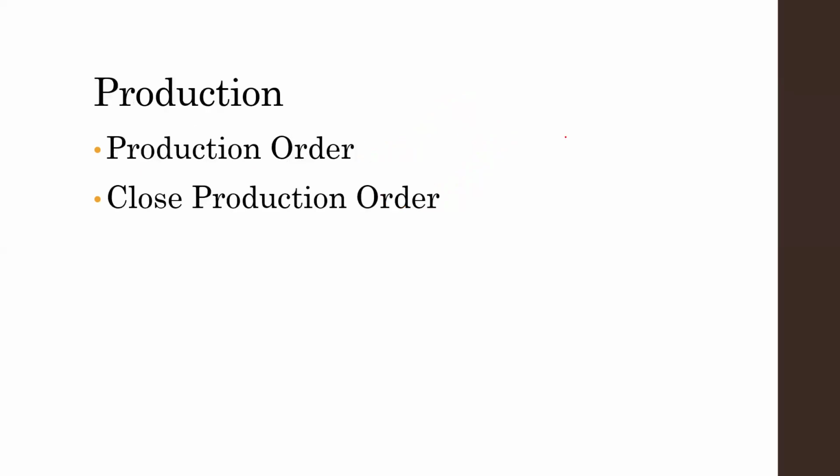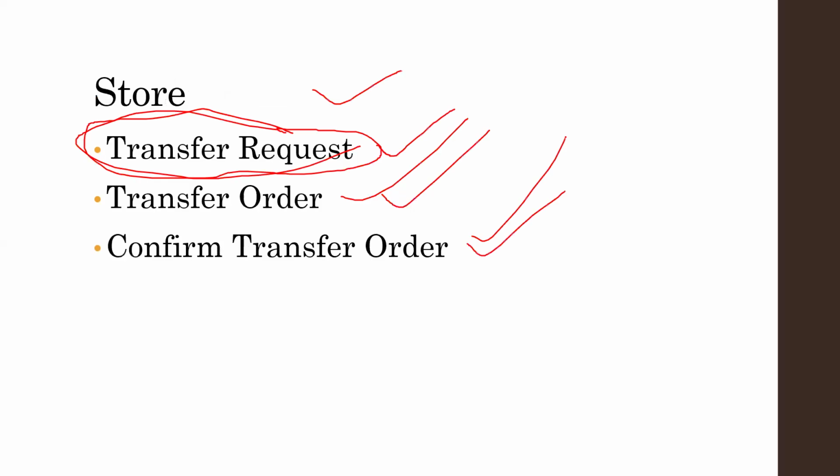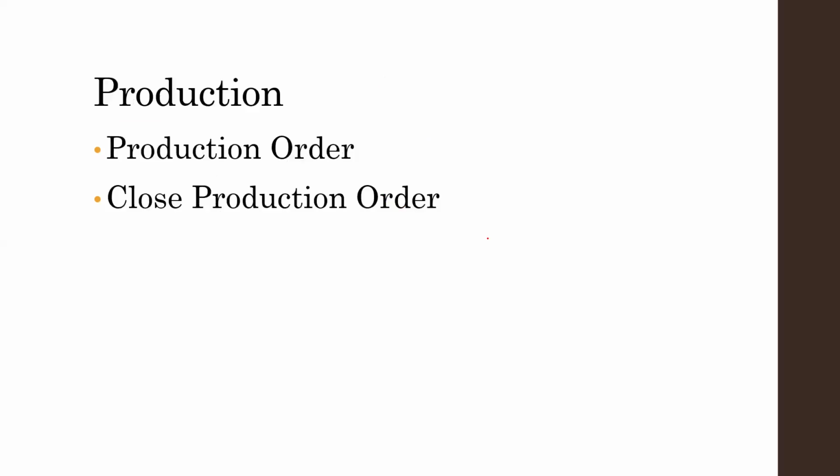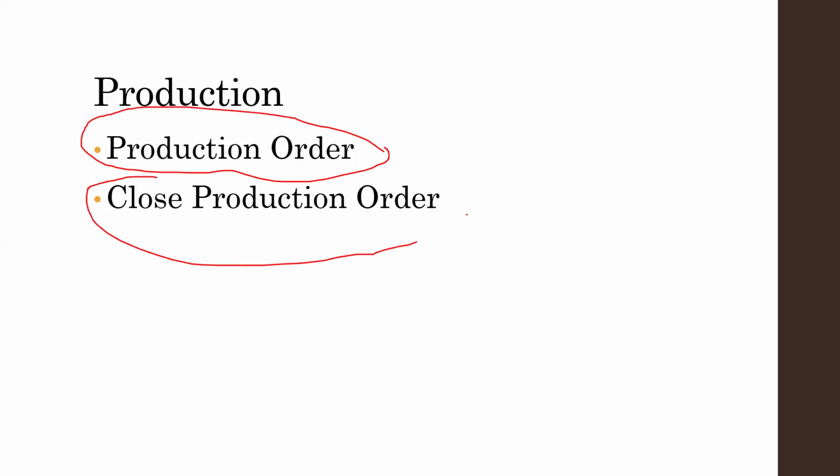Production order. They take the raw material from the final destination bin. They create the production order, send the raw material to the production assembly, bring out the finished goods, and close the production.